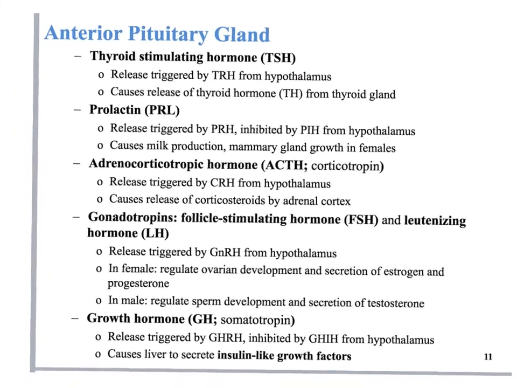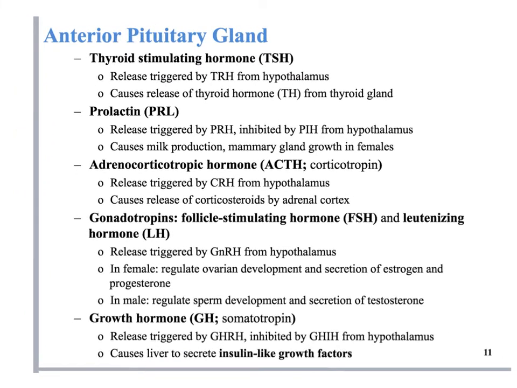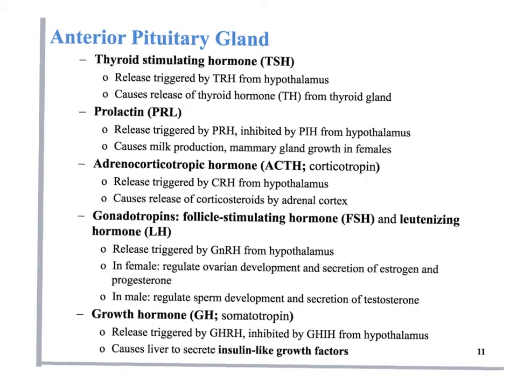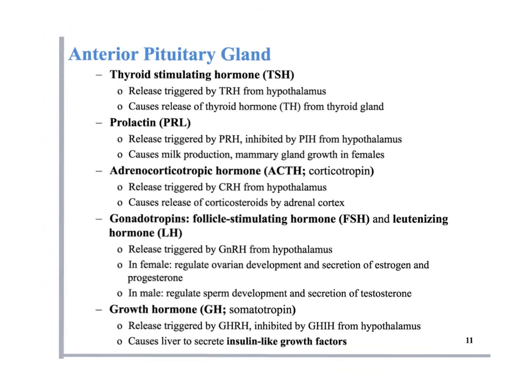All right. So, their target is the anterior pituitary. Let's look at the anterior pituitary then. All right. It produces a number of hormones. Here they are. TSH, prolactin, ACTH, also known as corticotropin, or adrenocorticotropin. All right.